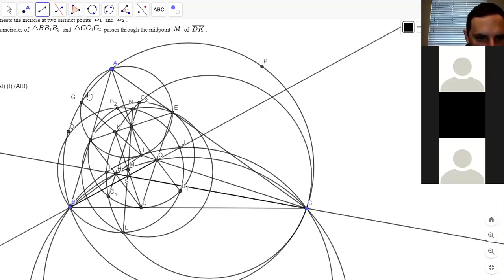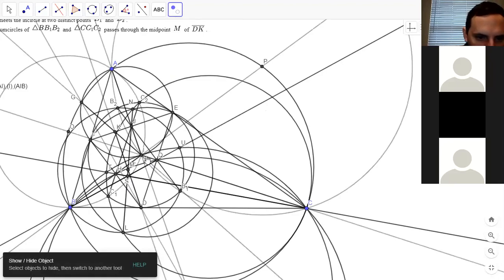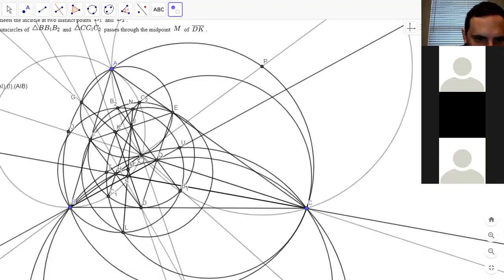S was defined as the intersection of BQ and CH. Yeah, we can hide a lot of stuff now. So S is the intersection of BQ and CH, and then we have J, and we just need to show S, J, and M are collinear.